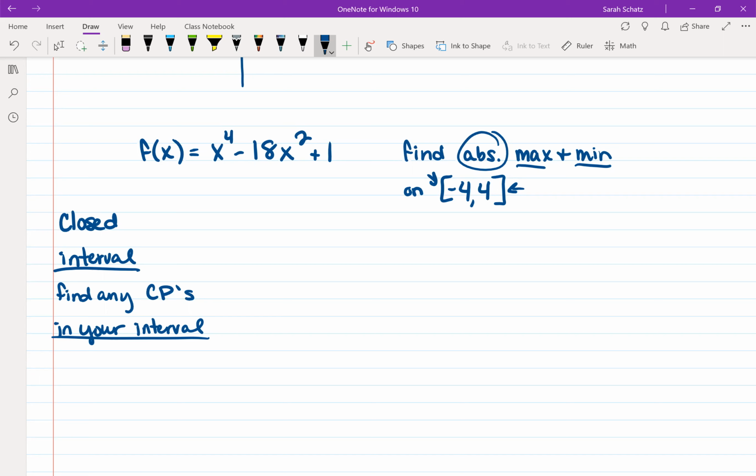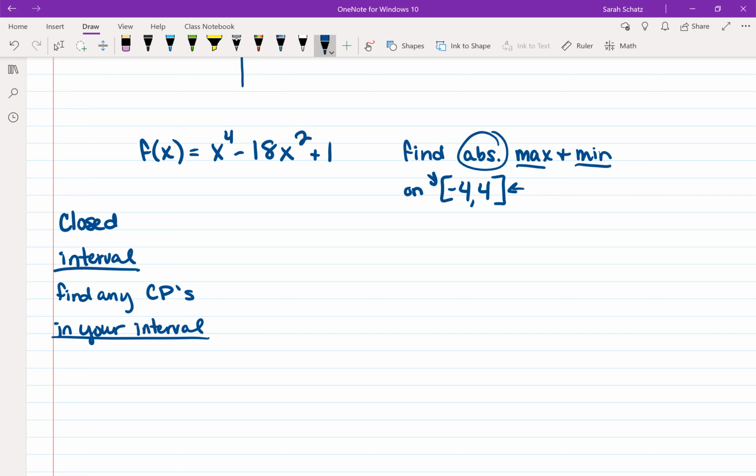So you're going to find any critical points in your interval, and then you are going to test critical points in your interval and endpoints. Remember, your critical point, if it's in your interval, it'll be one of your answers. But with your endpoints, there's a very good chance that either the max or the min will occur at one of them. So you're going to test any critical point that is in your interval, but you're also going to test your endpoints. And we're going to talk about how to test those when we get there.